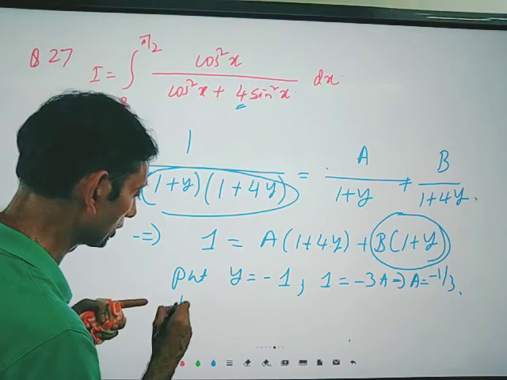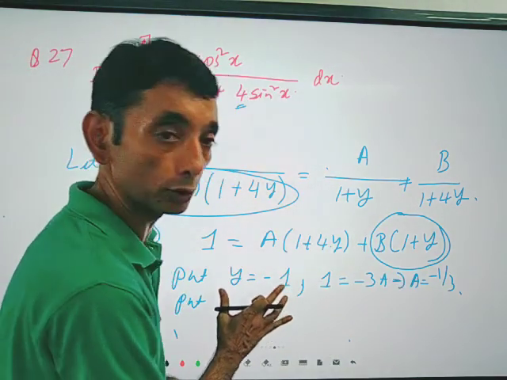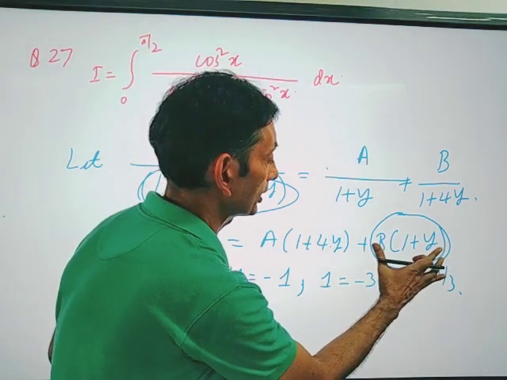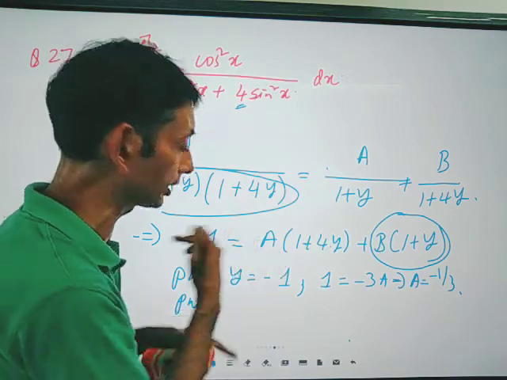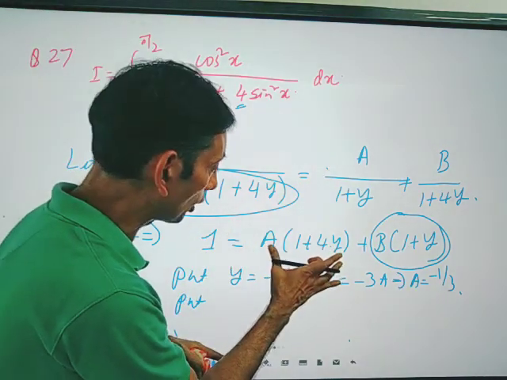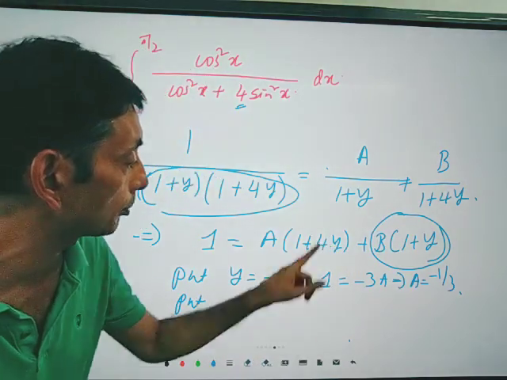By putting y equal to minus 1, the B(1 plus y) term became 0, making it easy to calculate A. Now we make the other term 0, so we substitute y equal to minus 1 by 4.